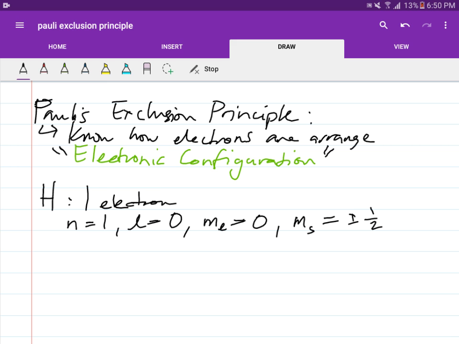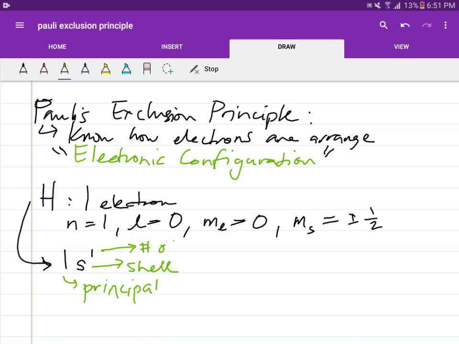Let us introduce some notation here. The electronic configuration for hydrogen will be 1s1. The 1 denotes the principal quantum number, the s denotes the shell, so it is located in the s shell, and the superscript is the number of electrons in that shell.